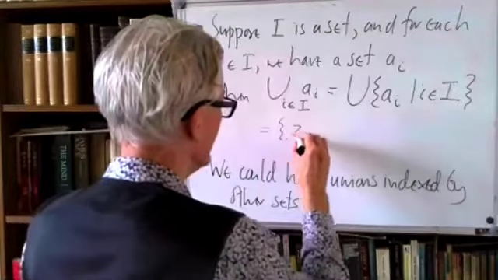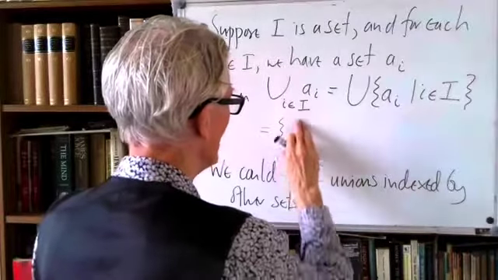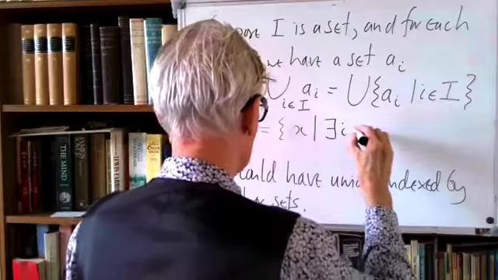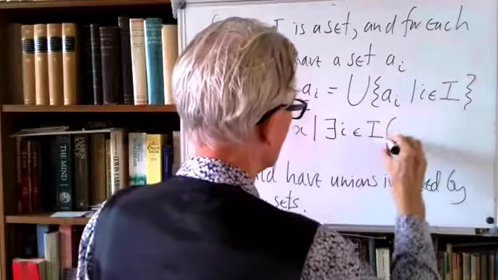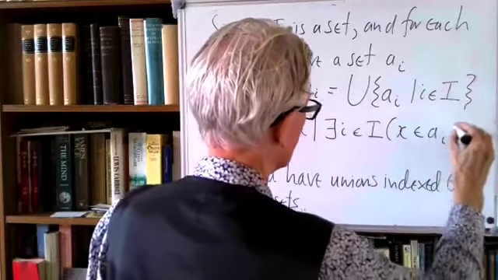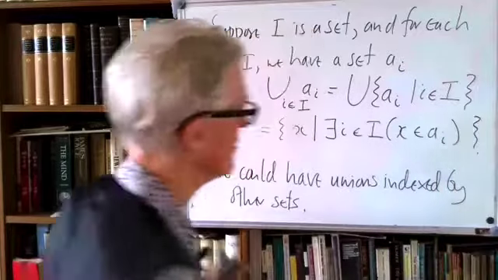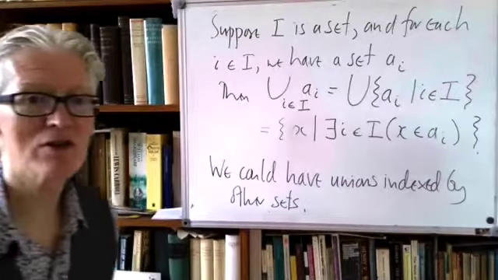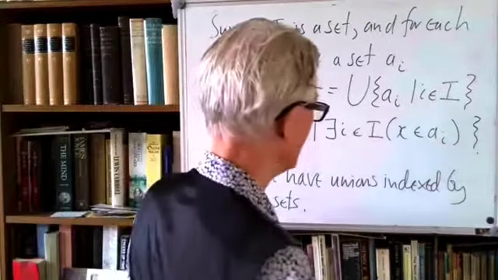So this is the set of, let's choose a different one, set of x's, so that there is an i in I with x a member of A_i. So this is a very useful notation.